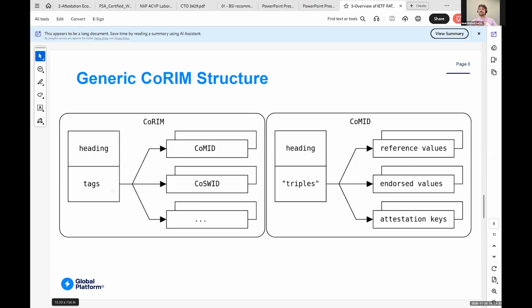Where the quorum file is basically a bundle mechanism. RIM, by the way, I'm not entirely sure if this is well known, so I didn't write it out, is a reference integrity manifest. I think it was in the title of this subsection.